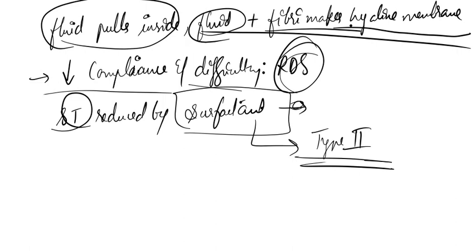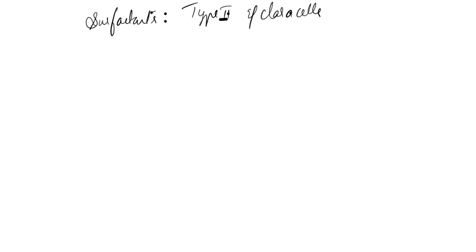Okay, understand? Now we will discuss something about surfactants. Surfactants are produced by type 2 pneumocytes and Clara cells. Now these surfactants contain about 70% phospholipids.